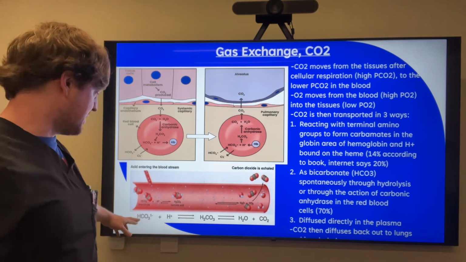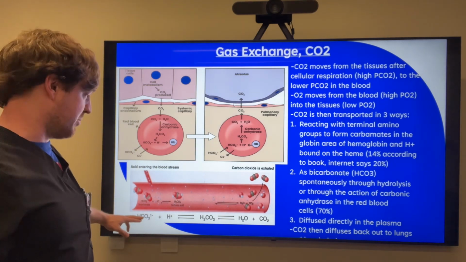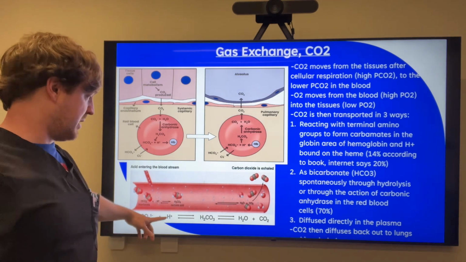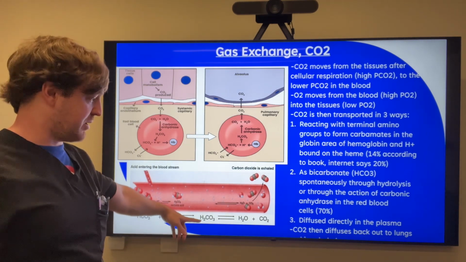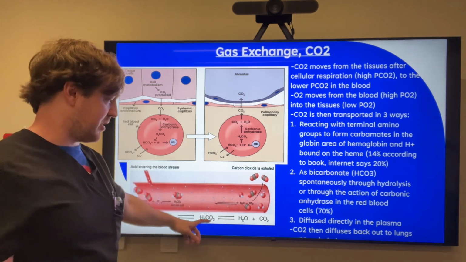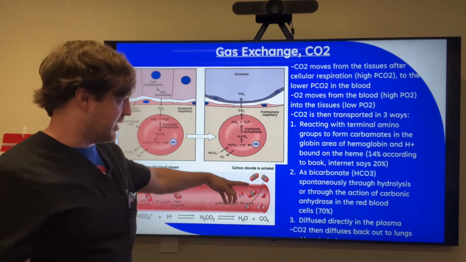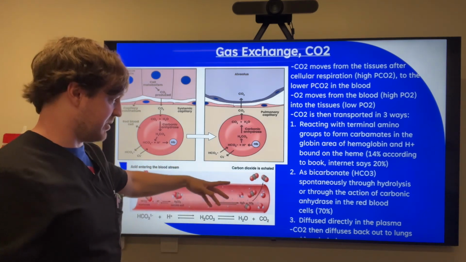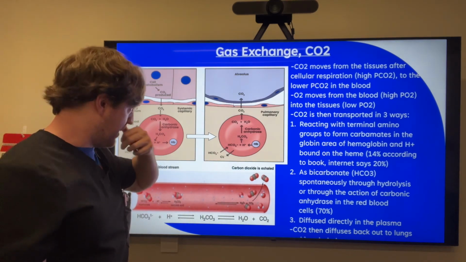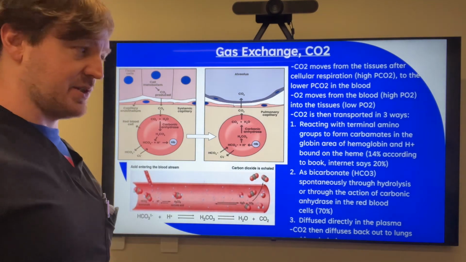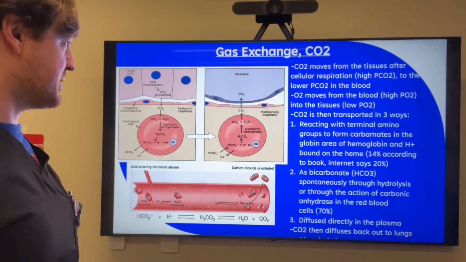So you can see this bicarbonate bonds with the hydrogen ions, that makes carbonic acid, and then carbonic acid splits into a water molecule and CO2, and then that all gets transported in the plasma, and then we breathe out the carbon dioxide as it gets to our lungs and gets diffused into our lungs.